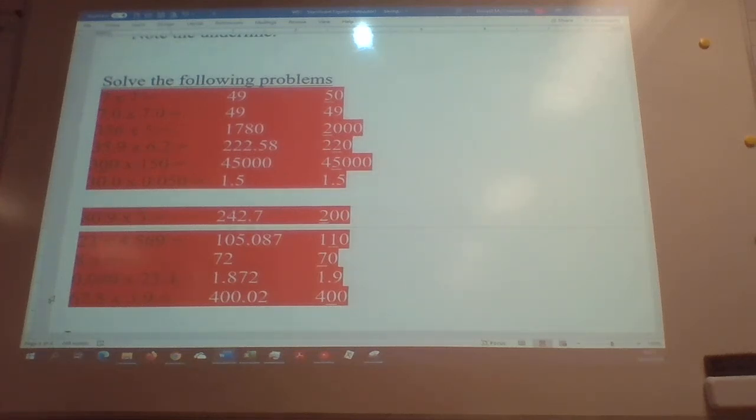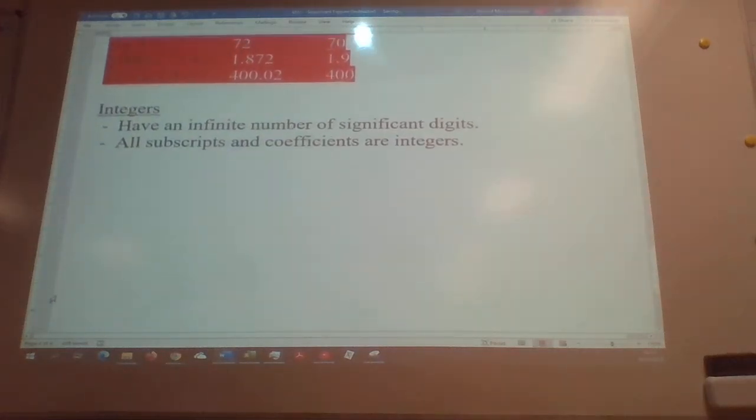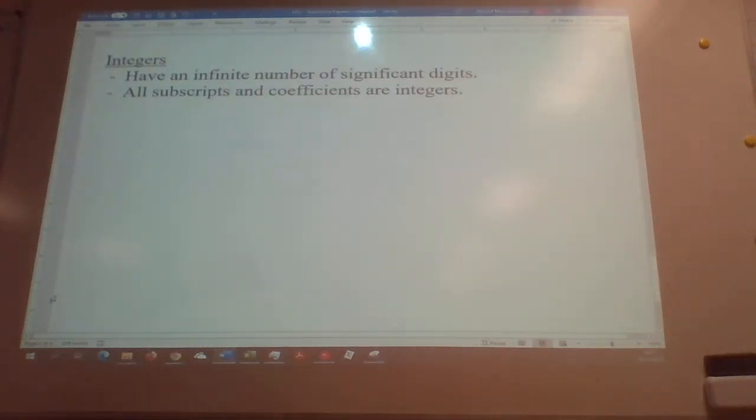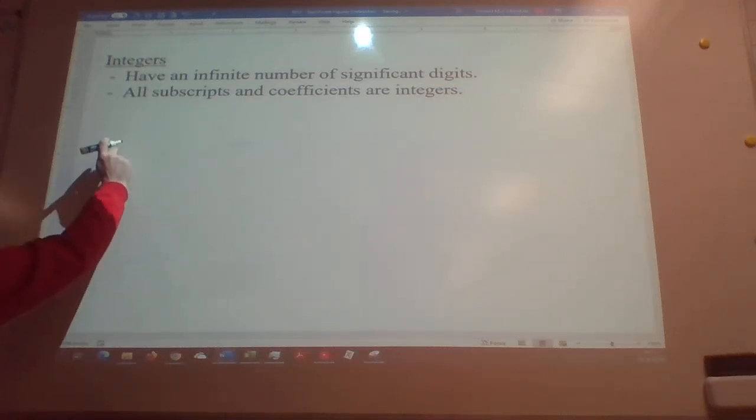The last thing I want to talk about is integers. All right, integers have an infinite number of sig figs. So in particular, it talks about here subscripts and coefficients. That's more of a chemistry thing. I want to point out some of our equations.